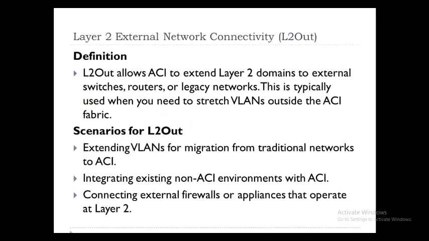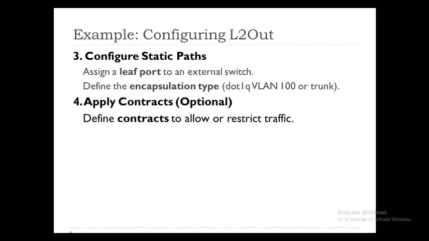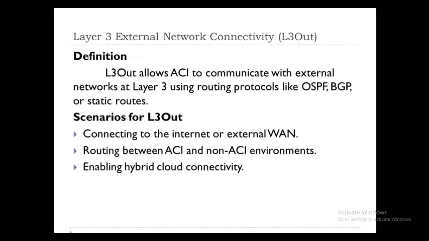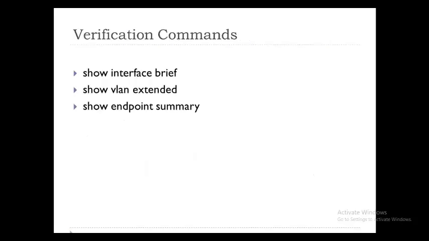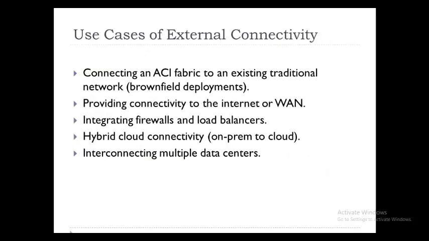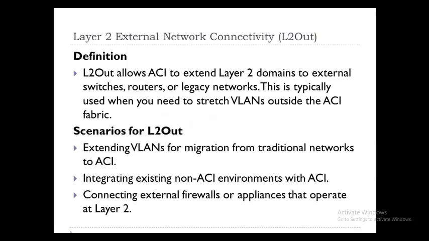As I said, we are going to focus on layer 2 external network connectivity, which is called layer 2 out, and layer 3 external network connectivity, which is called layer 3 out. Now let's go back and see layer 2 out. Layer 2 out allows ACI to extend layer 2 domains to external switches, routers, and legacy networks.